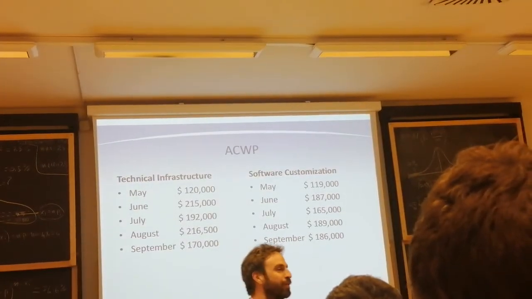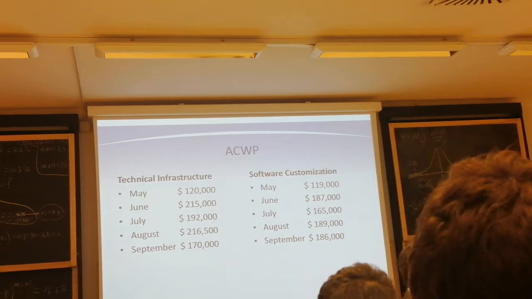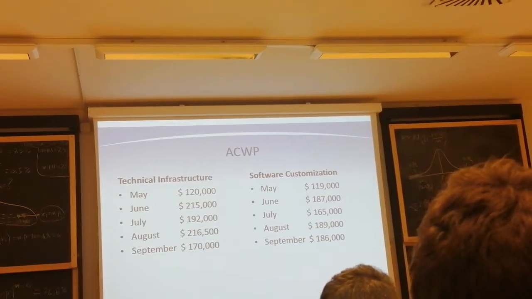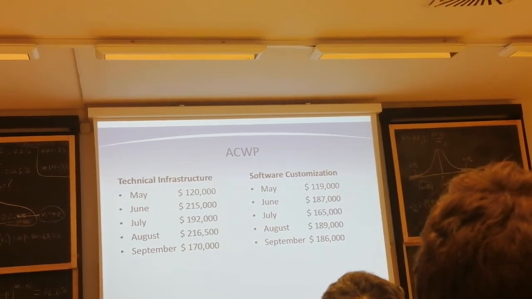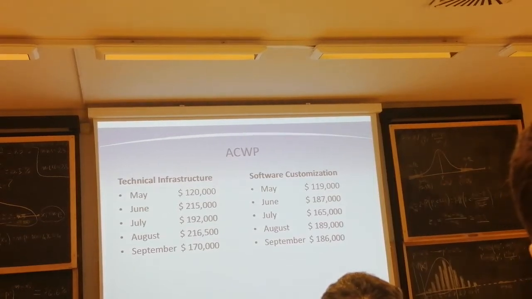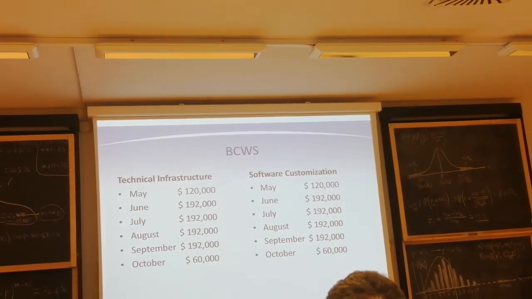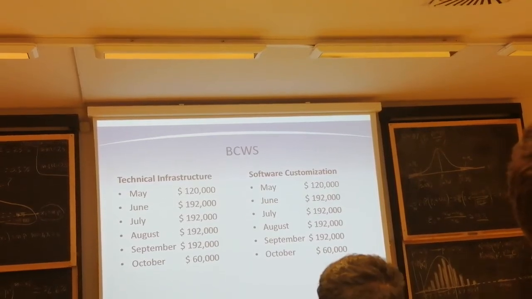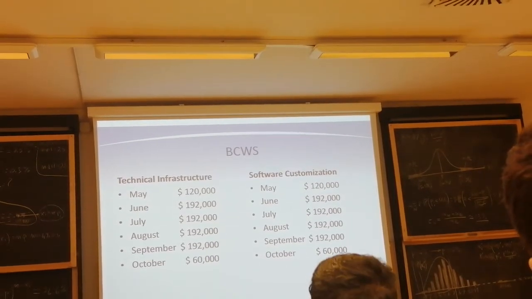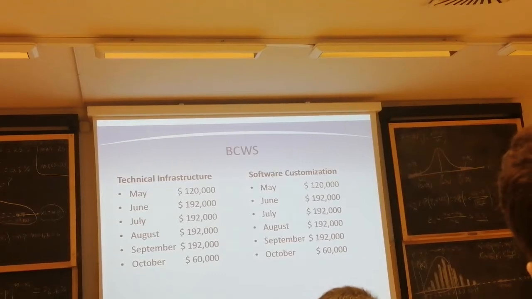So this is just accumulation of person hours times the standard rate. So in fact we know how many hours we have spent compared to the amount of hours we have planned to spend. So in principle, this information is available.